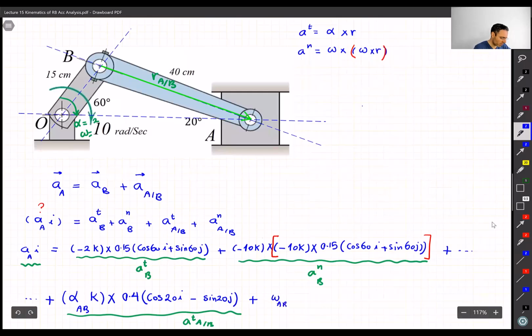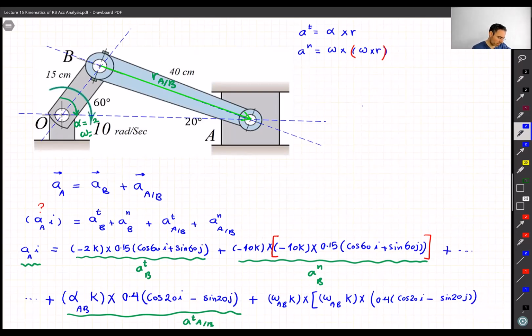Omega AB K cross omega AB K cross RAB, which we know is 0.4 cosine 20 I minus sine 20 J. Okay. And then this is our big bracket being closed.